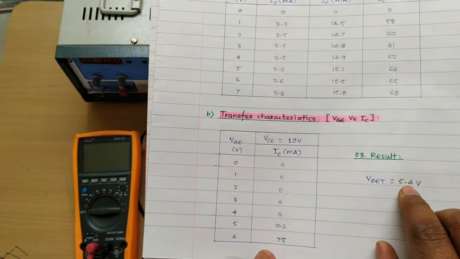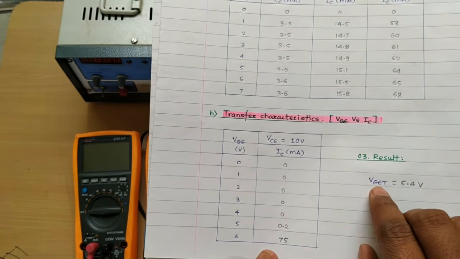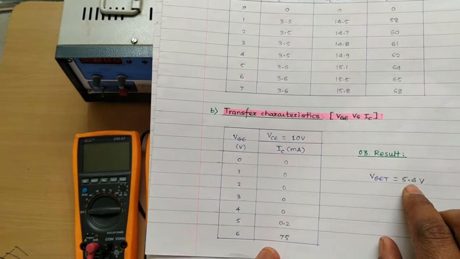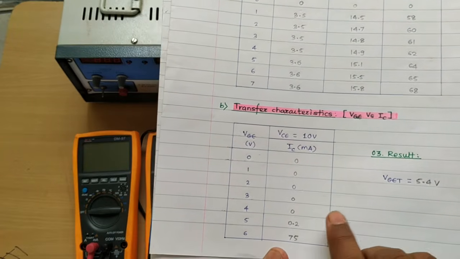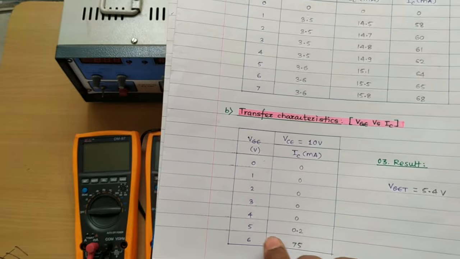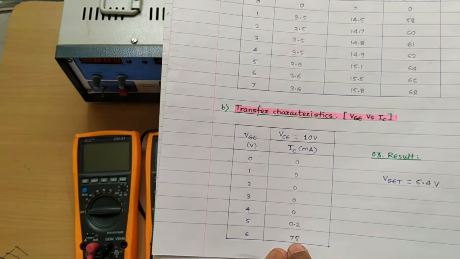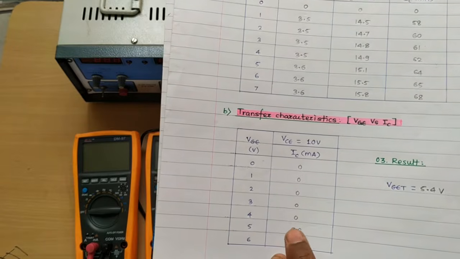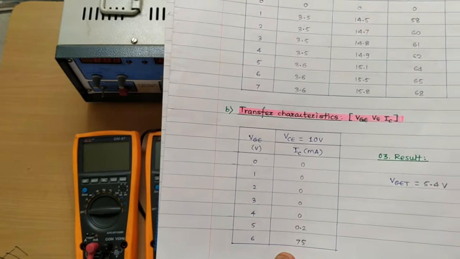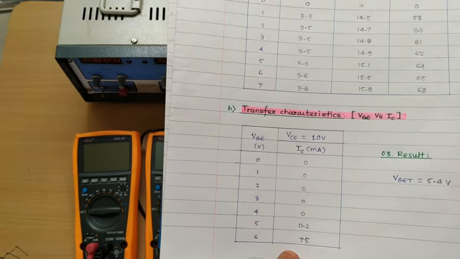So this 5.4 volt is your gate to emitter threshold voltage. It is the minimum voltage required to turn on the IGBT. When you further increase the voltage, you can see a steep or sudden rise in current, meaning your device is now completely in the on condition. So these are your characteristics.